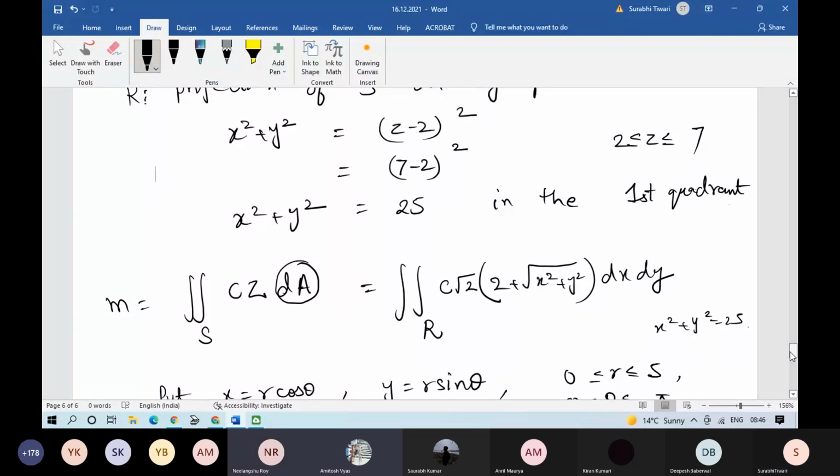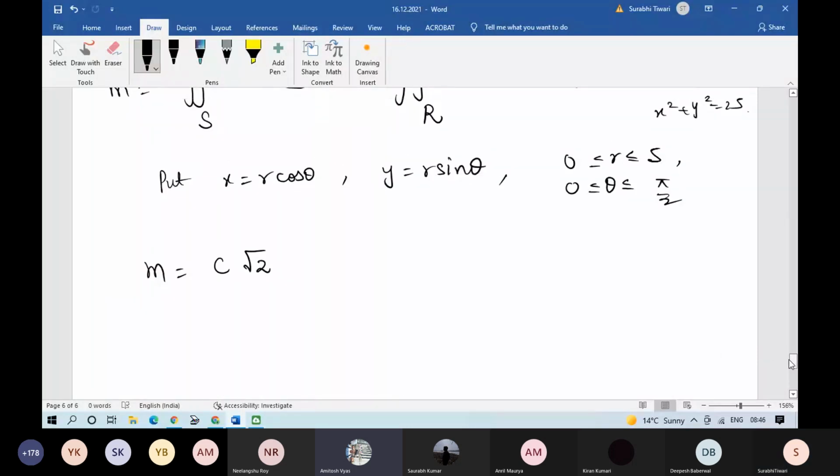The final answer has got a c in it. सी तो आएगा ही ना, सी तो कांस्टेंट लिया हुआ है. तो ये हमारा क्या हुआ, (2 + r) into r dr d theta, dx dy की वैल्यू r dr d theta, ठीक. और theta varies from 0 to π/2 and r varies from 0 to 5.